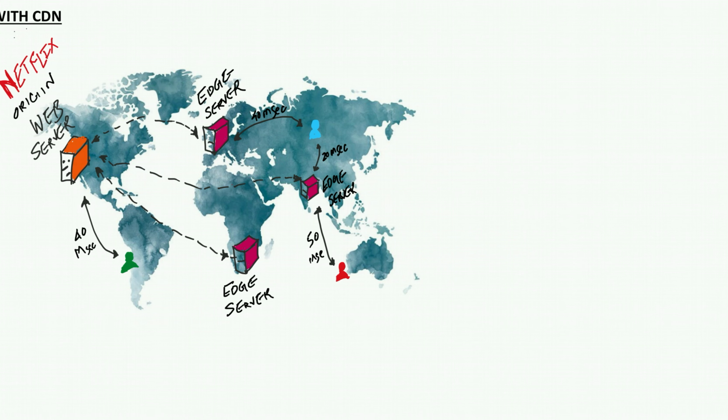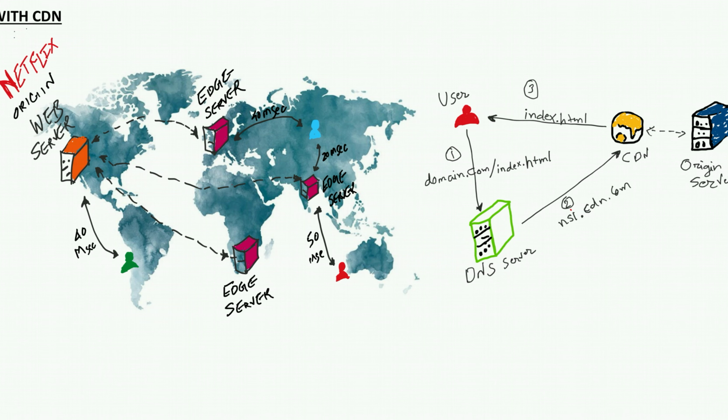Now let's see how the user request will be redirected to the CDN server. For CDN to work, it has to have a default inbound gateway for all incoming traffic. And to make this happen, we will need to modify the DNS or server entry.